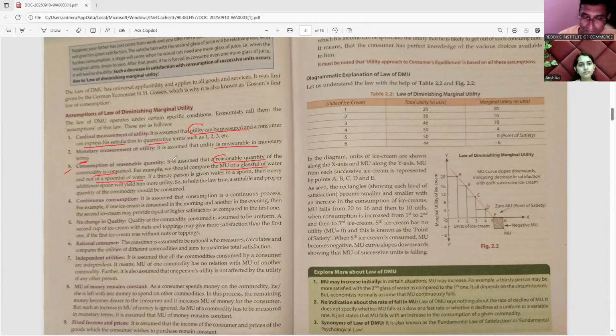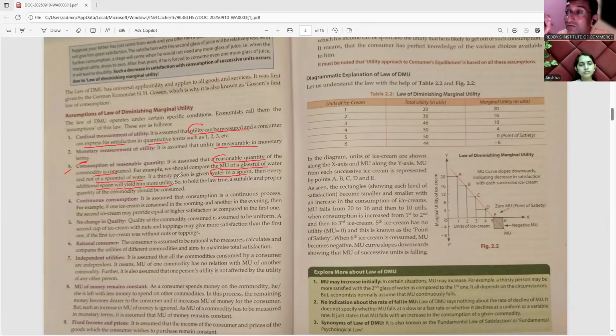If a thirsty person is given water in a spoon, then every additional spoon will yield him more utility. I am very, very thirsty right now, but if you offer me one spoon of water, and then more and more spoonfuls, I'll get more satisfaction, more satisfaction, more satisfaction.